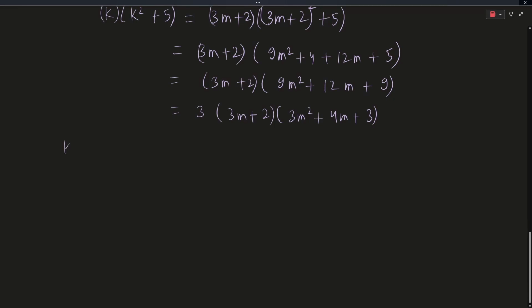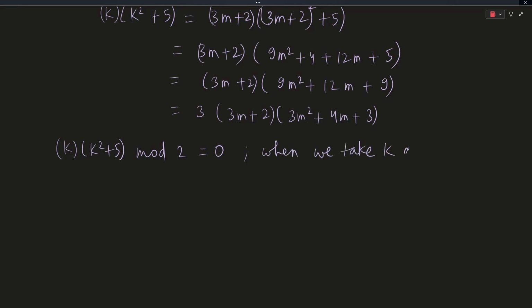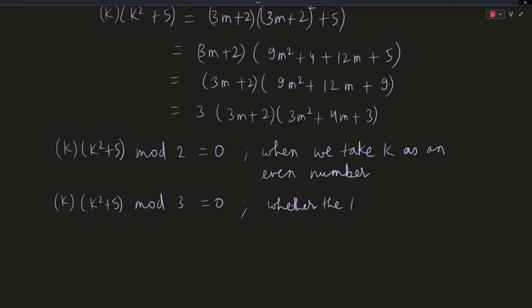So we have observed that k into k square plus 5 mod 2 gives us the remainder 0 when we take k as an even number, and k into k square plus 5 mod 3 is also equal to 0 whether k is a multiple of 3 or not.